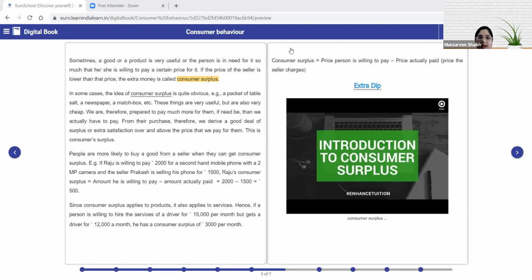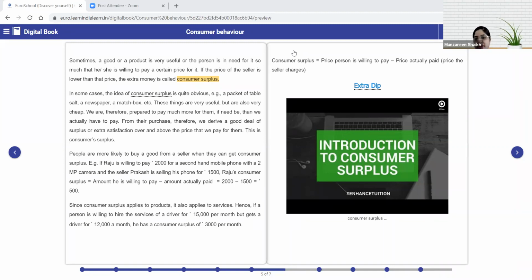He wanted to buy a phone for 2000, and the seller Prakash wanted to sell it for 1500. But he was mentally prepared to spend 2000. He just wanted a second hand phone with one feature, a 2 megapixel camera.